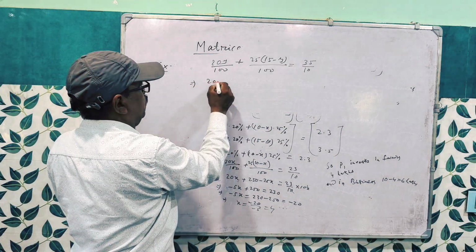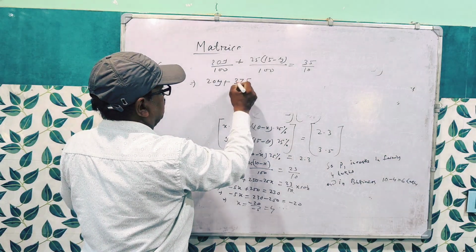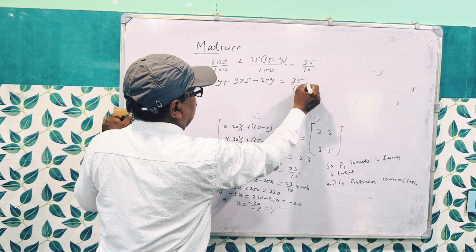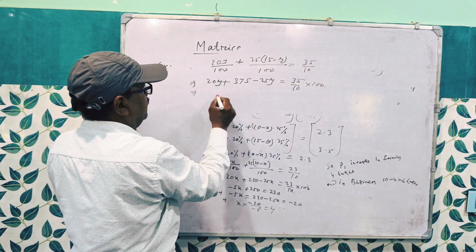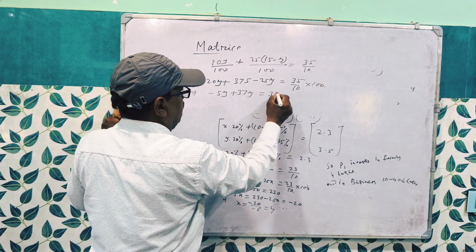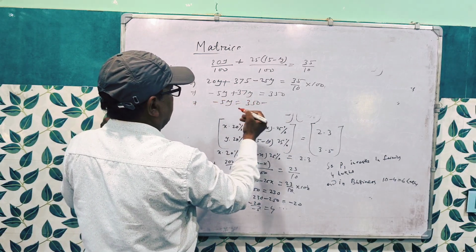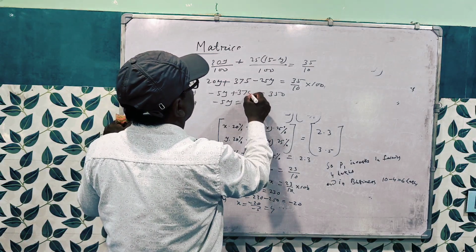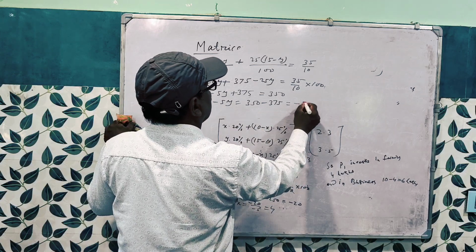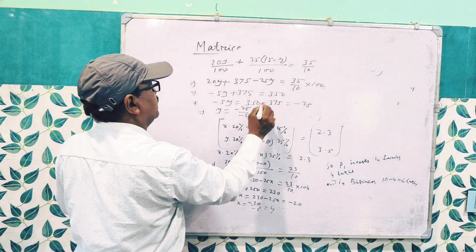Simplifying, 20Y plus 375 minus 25Y is equal to 35 by 10 into 100, and minus 5Y plus 375 is equal to 350, or minus 5Y is equal to 350 minus 375, which is minus 25. This implies Y is equal to minus 25 by minus 5, which is 5.